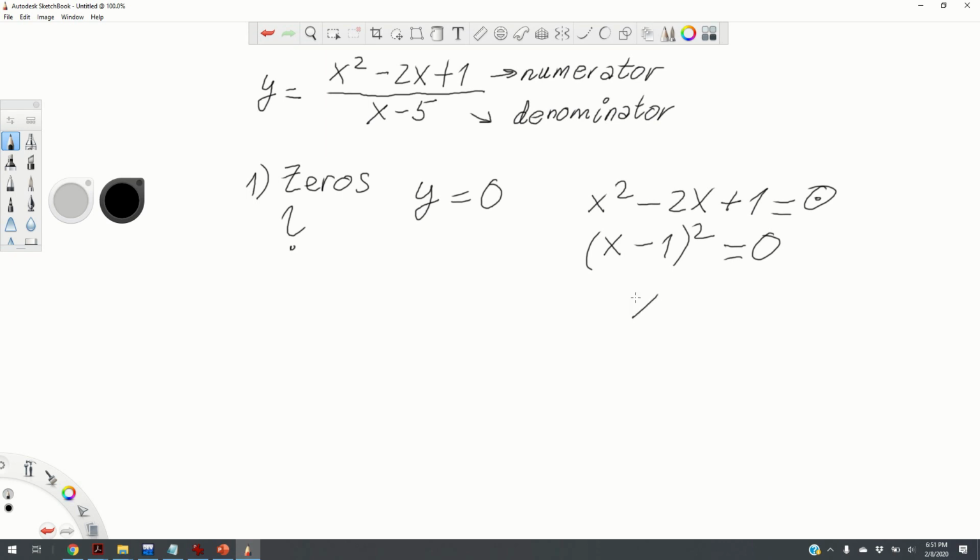So the only zero that we can find here is 1. Actually, since this is a quadratic function, it has 2 zeros, but both of the zeros are equal to each other and they are equal to 1. So we know that the function will be equal to 0 at 1.